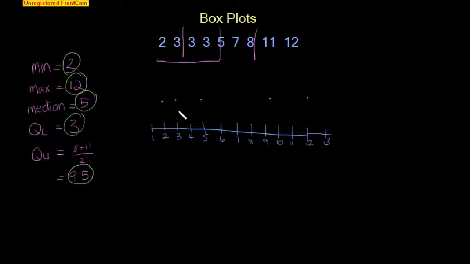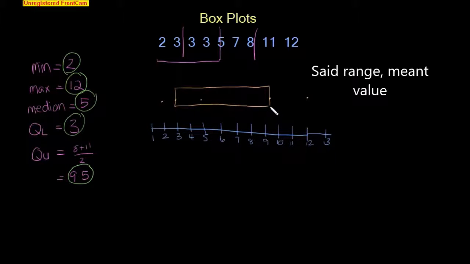Now, how we get the box is, the edge of our box is our lower quartile, the other edge of our box is the upper quartile. So our box is formed between our upper and lower quartiles with a line drawn for our median value.